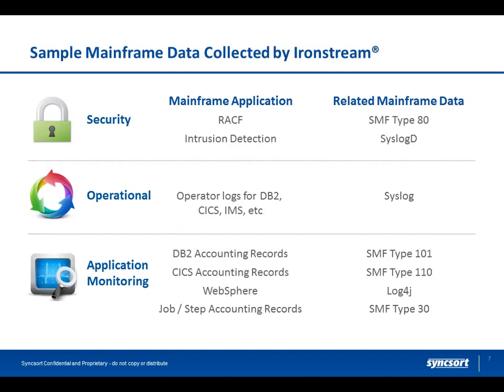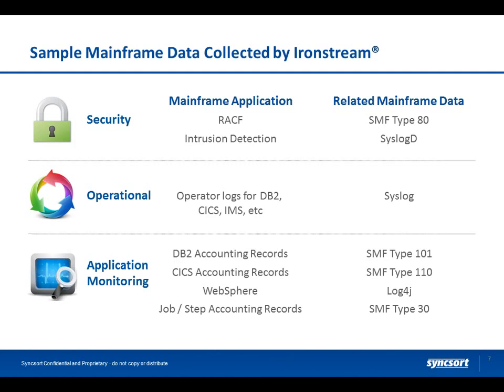So what type of data do we capture with Ironstream? This is just a sample, but we look at data from different perspectives: security information, operational data around the effectiveness of IT operations, and also the information we need to collect around applications that we want to monitor, those applications that are critical to the success of the business.